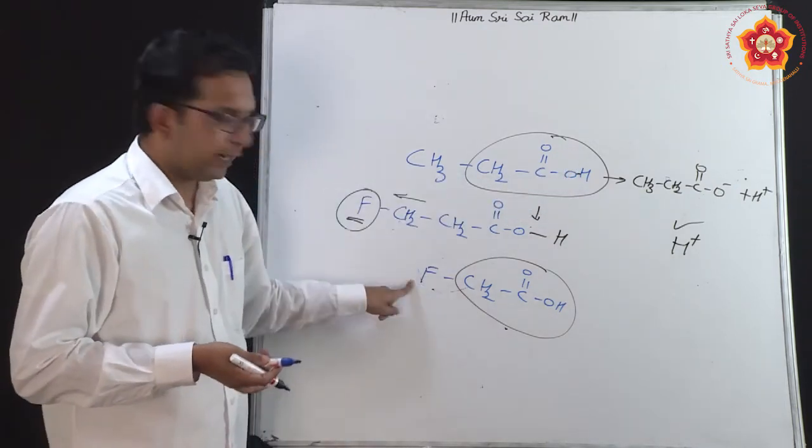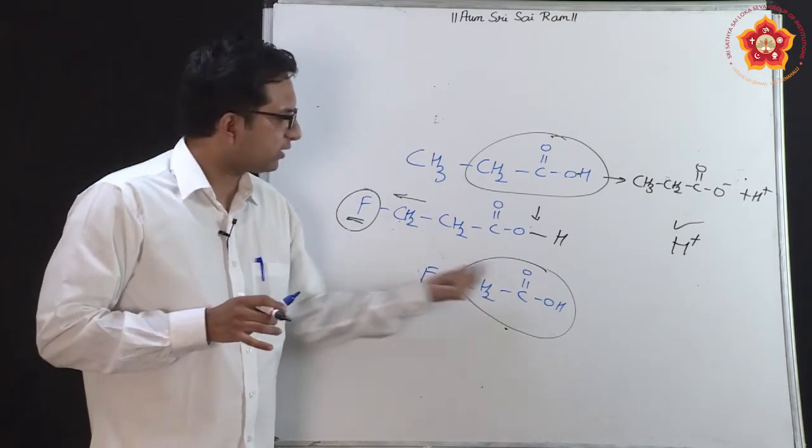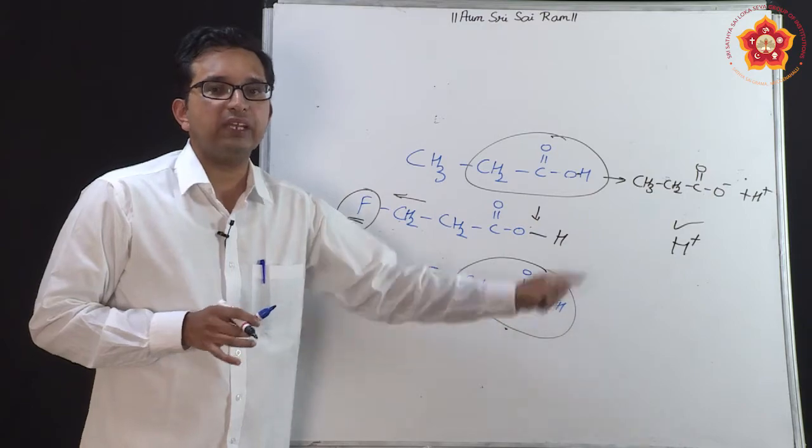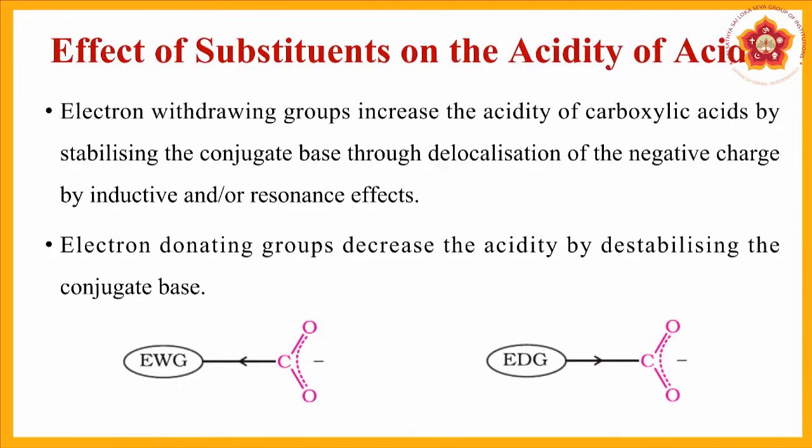To this, an electron withdrawing group is added, and that electron withdrawing group can attract the electrons, therefore H plus can very easily be given out. So, here the effects of electron donating and electron withdrawing groups are being explained, where electron withdrawing groups will increase the acidity of carboxylic acids, because they are able to stabilize the compounds by withdrawing the electrons, and therefore release of H plus becomes easy.